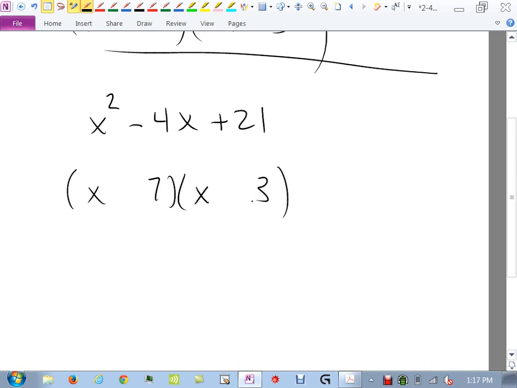So this 7 and this 3, you can't have one of them be negative. They either both have to be positive or both negative. So is it possible to make this happen? It's not. Even if we write 21 down here, 1 and 21, 3 and 7, there's no way to combine these to get a +21 and a -4.